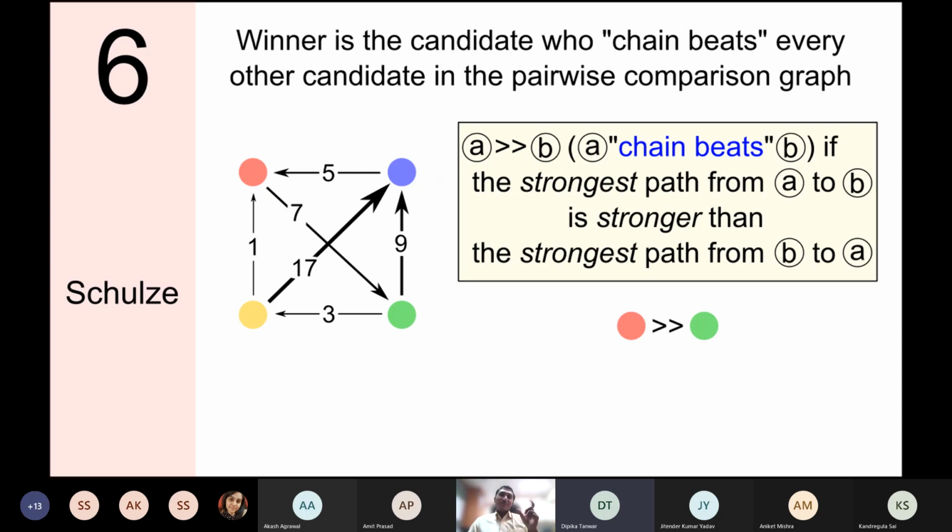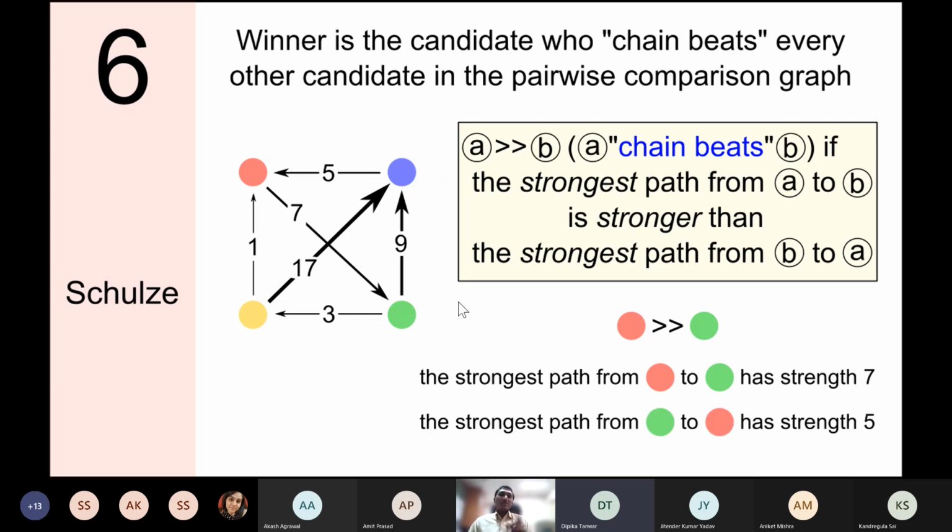We computed the strongest path from red to green and green to red. The strongest path from red to green was 7, the direct path. And the strongest path in the opposite direction was via the blue node, which has a strength of 5. So because the strongest path from red to green has a higher strength than the one from green to red, we're going to say that red chain beats green.